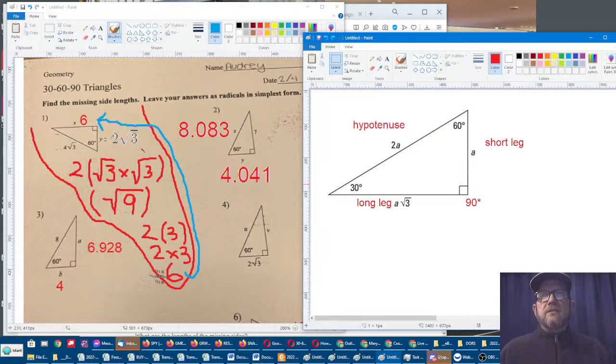We've already solved it because we know the hypotenuse is double. That means you're a 2 part. We double that to make it 4 times square root of 3. That's your answer for over here.